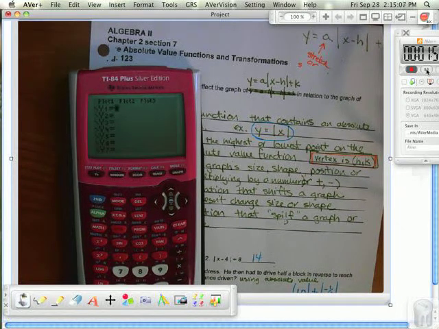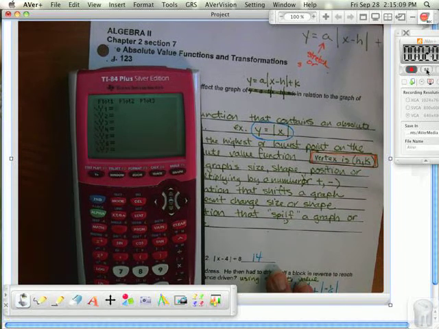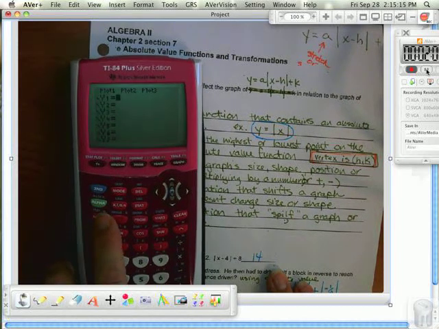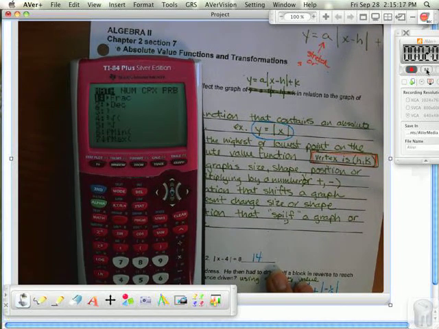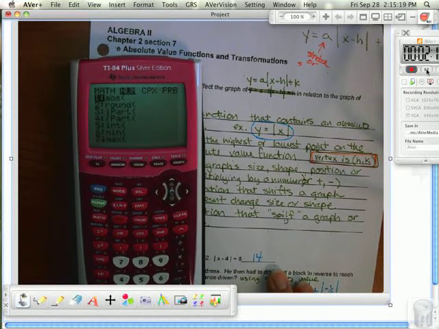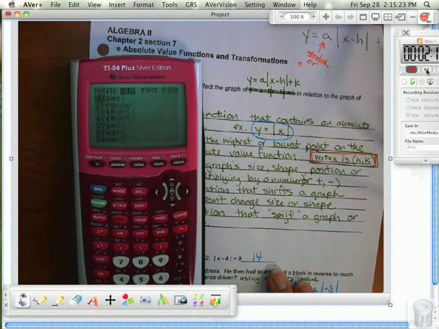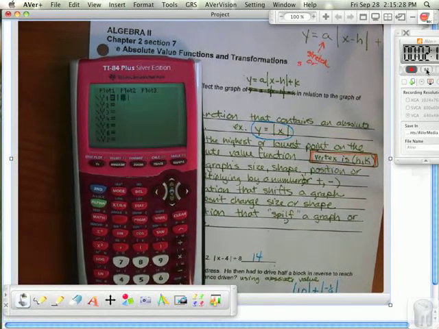All right, now, absolute value. Yours might look a little different than mine, but it's in the same spot. So push math, the math button here on the left side. Go over to number. And there's ABS right there. So you push enter. Now here's where yours might look different, but it means the same thing.